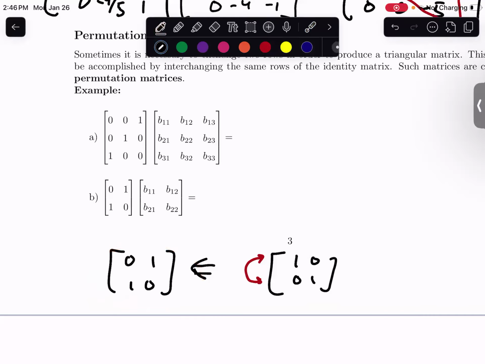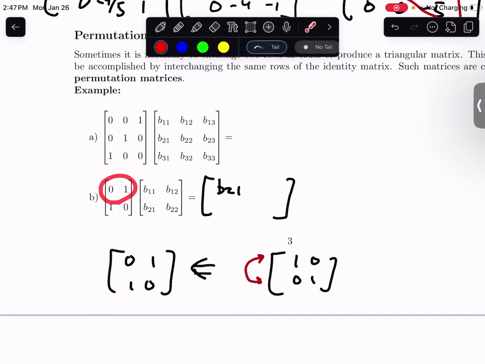And the effect this has upon multiplying by this matrix B is, if you perform this multiplication, just think about it: the first row is going to be the dot product of this row with these two columns, and you're just picking off the second row here. So if you do the dot product of this, you get B21.